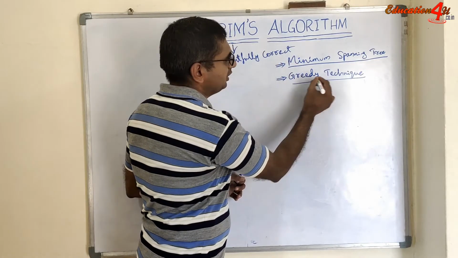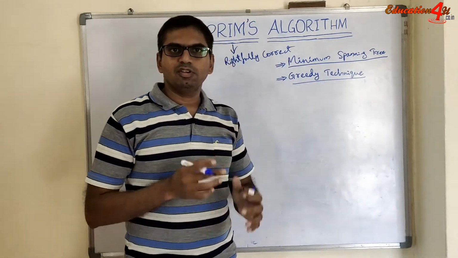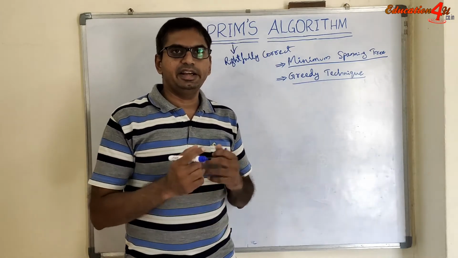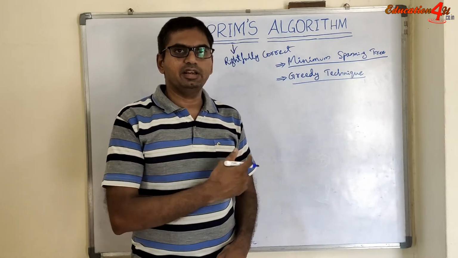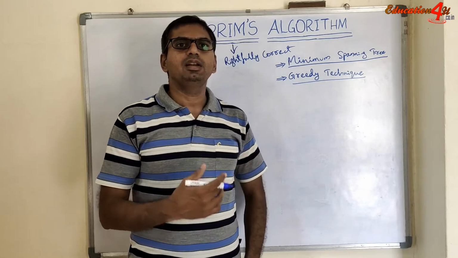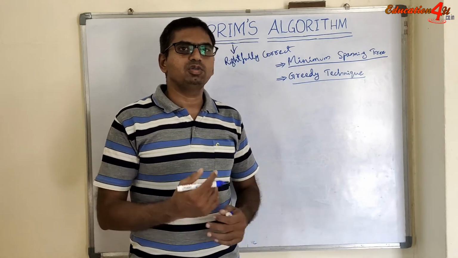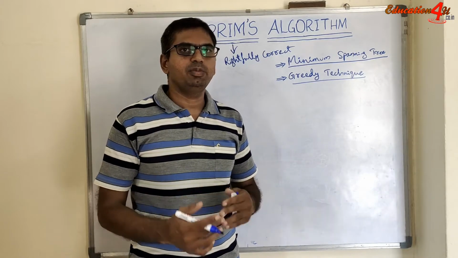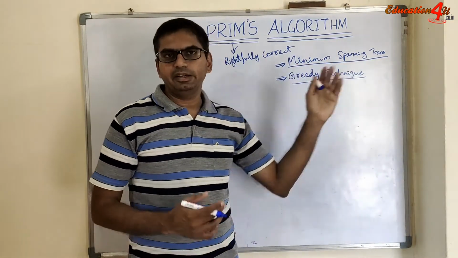So as the name suggests, we will choose our vertices and edges greedily. Now with one example you will come to know how to choose our vertices and edges to build a minimum spanning tree.